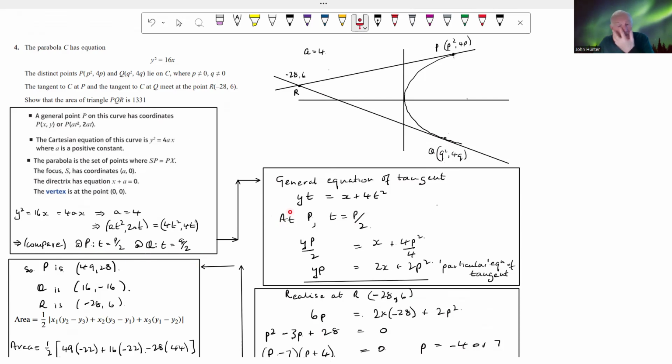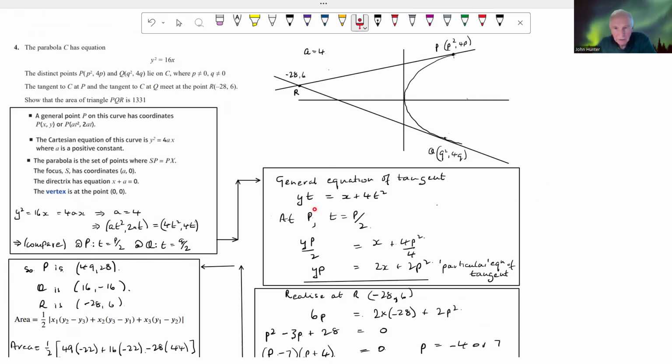So we have evaluated the points P and Q, worked out in terms of p and q.